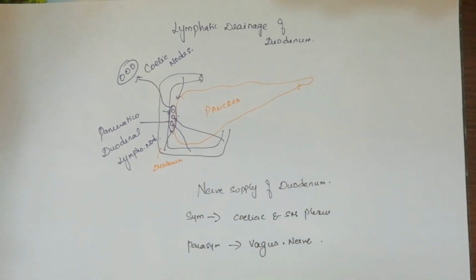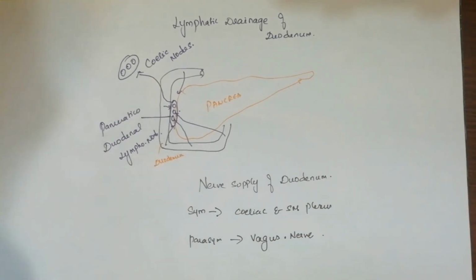And applied aspect, we have some peptic ulcer cases which happen in the first part of duodenum, and in the second part the most common case to occur is obstructive pancreatitis. So that is, obstructive jaundice will happen in the second part. First part is more prone for peptic ulcer.